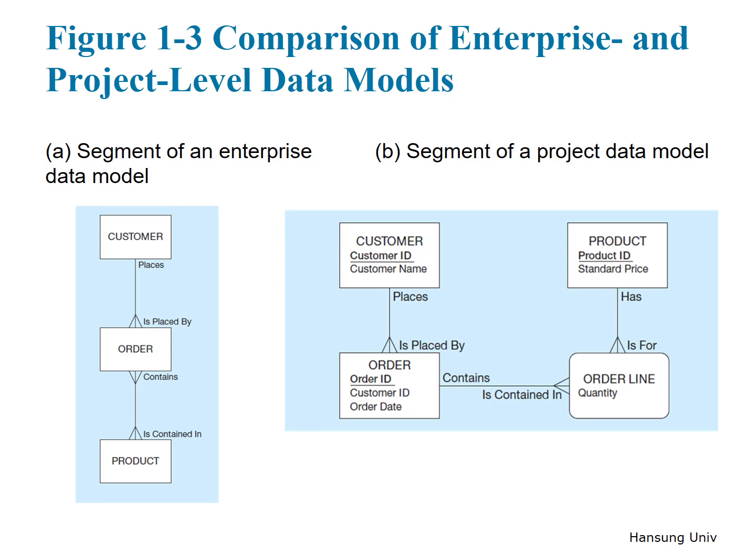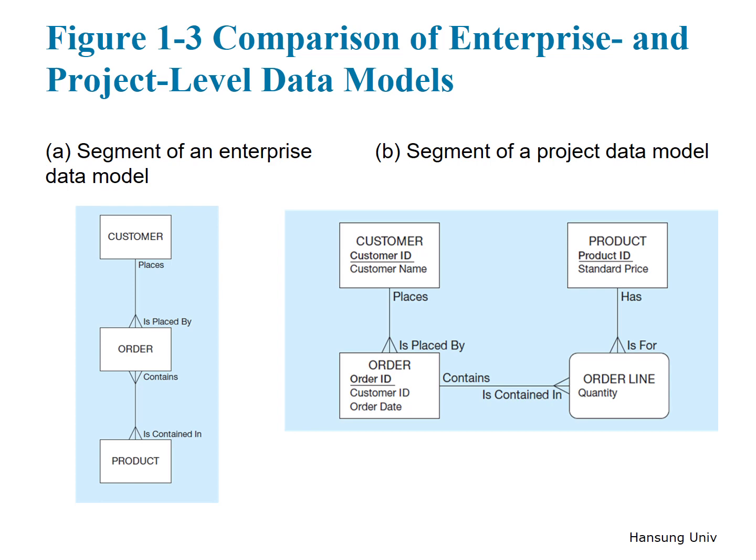In the enterprise model, the relationship between customer and orders is one-to-many. This means a customer may place many orders, but an order can only be placed by one customer. The crow's foot of the relationship line indicates the many side of the relationship.